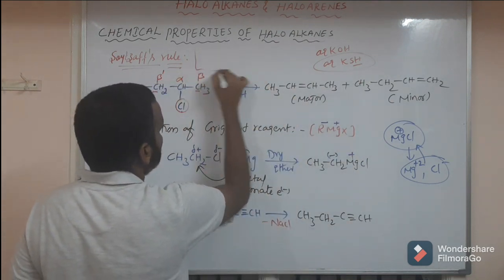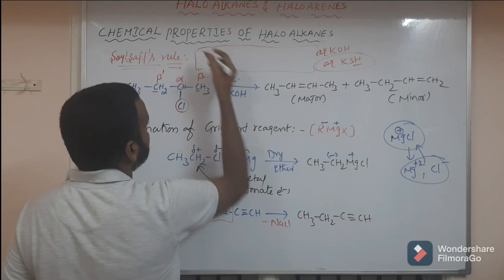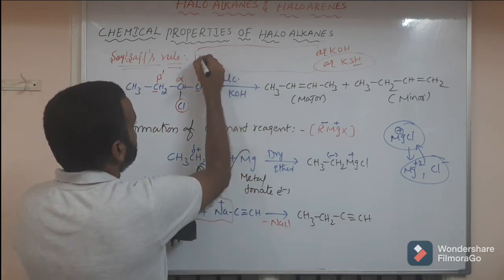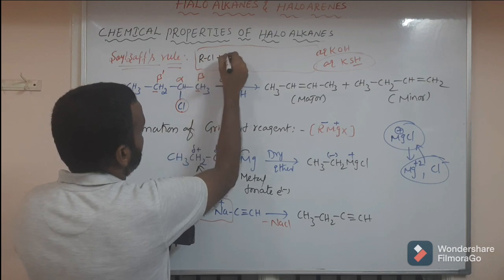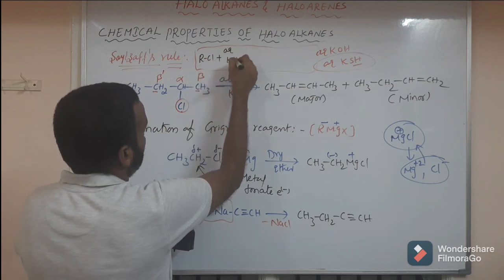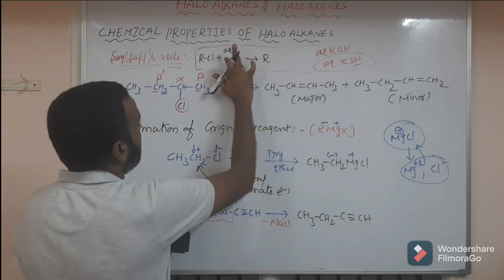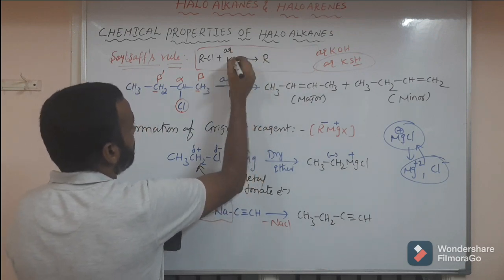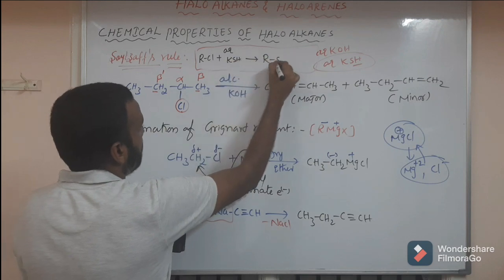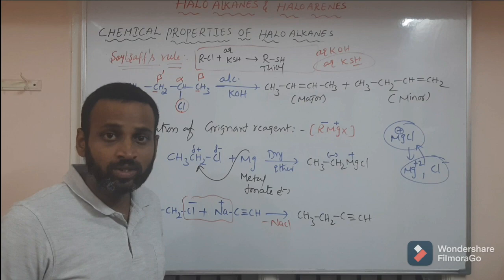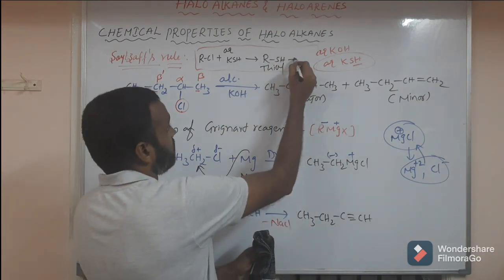I forgot to tell you this reaction, so I will write that reaction. See, suppose RCl reacts with aqueous KOH, the product is ROH, I wrote, right? Now instead of that I am writing RSH. This is called thiol. Same story, KCl.